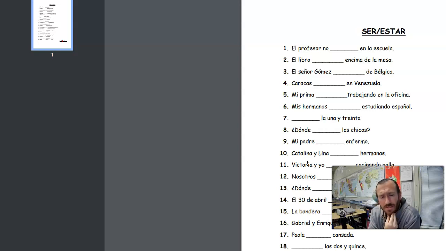Number 6 is están, E-S-T-A-N. Number 5, está trabajando. Number 6, están estudiando. And number 11, estamos.